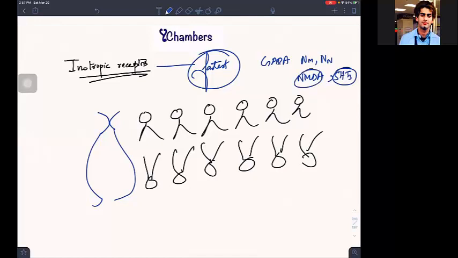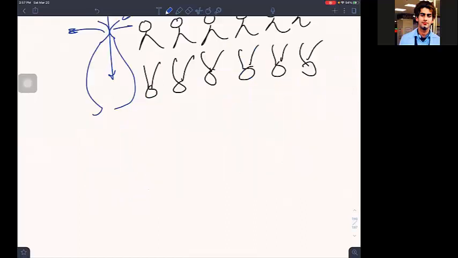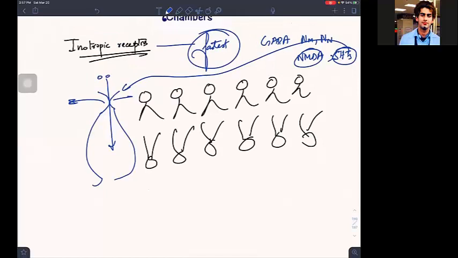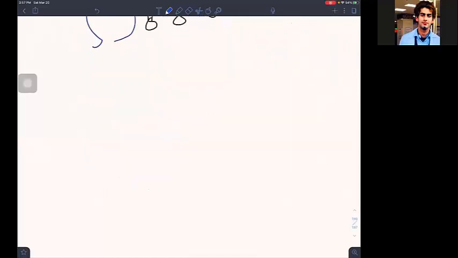So once these are coming, for example, the serotonin is coming right now here, it will open. Once it opens, the extracellular ions will get transmitted inside. So these are known as inotropic receptors. Is it clear, guys?